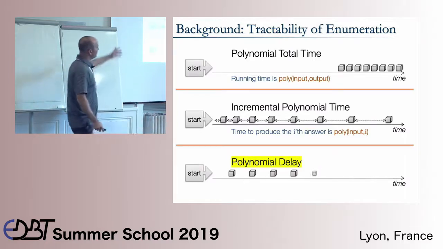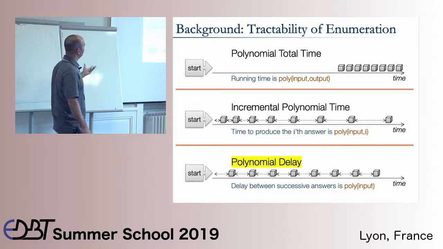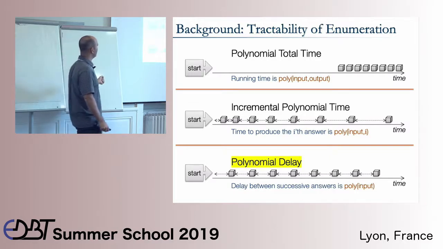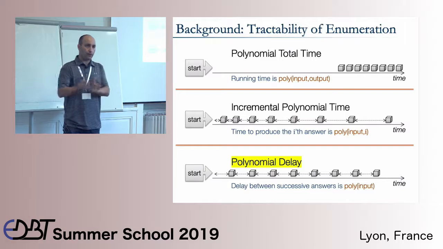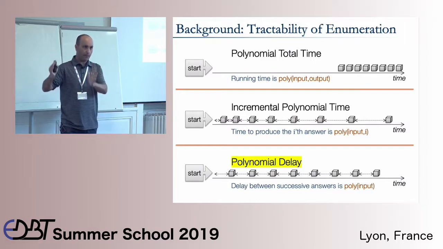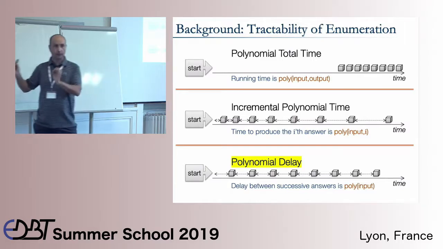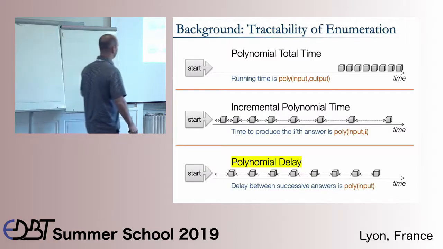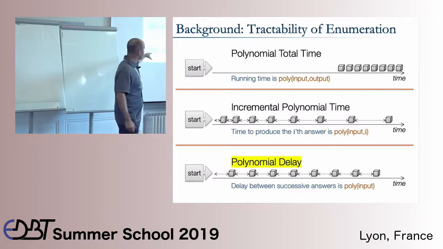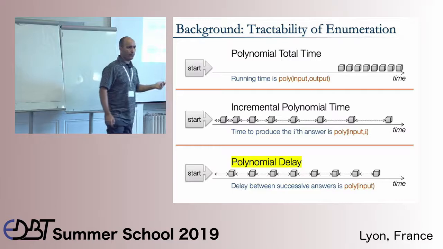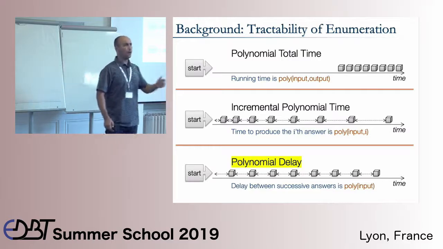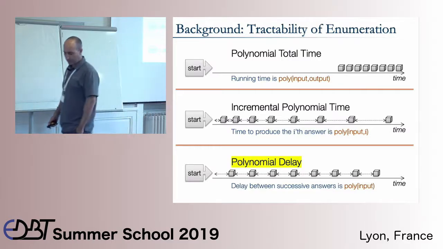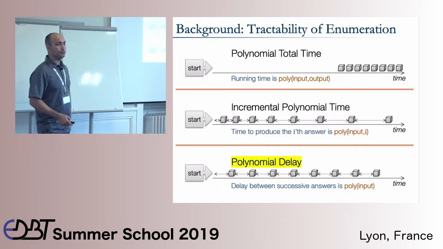And the strongest definition in this class of tractability notions is a polynomial delay, which means that you need to produce the output, and the time between every two consecutive output items is polynomial only in the size of the input. That's called polynomial delay. Okay? And I can also think of other kinds of delays, log delay, constant delay, with the same idea.